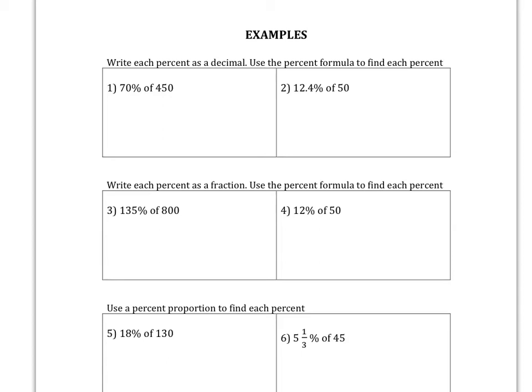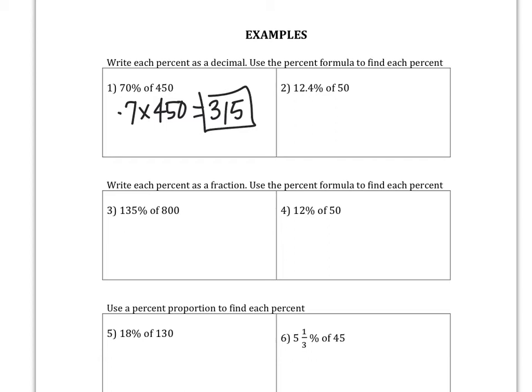We are going to start by writing each percent as a decimal and then use the percent formula to find each percentage. So we're going to write the 70% as a decimal, and that is going to be 0.7. Of means times 450, and that is 315.